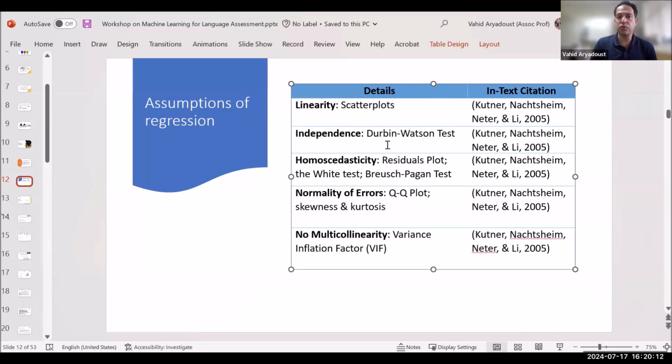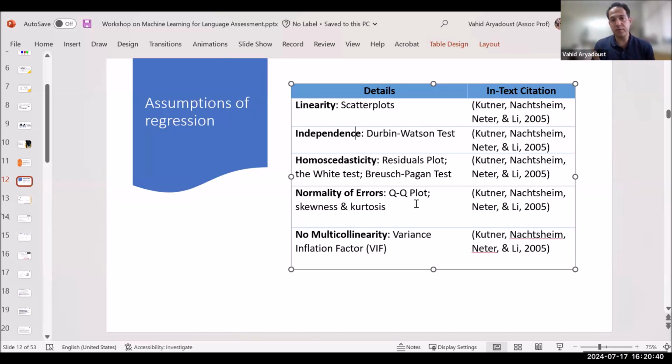Homoscedasticity is done through, for example, checking the residual plots and some other tests like the White test and Breusch-Pagan test. The normality of errors is checked through, for example, the QQ plot, quantile plot. And by using the good old skewness and kurtosis, you just need to calculate the errors, just like a variable.